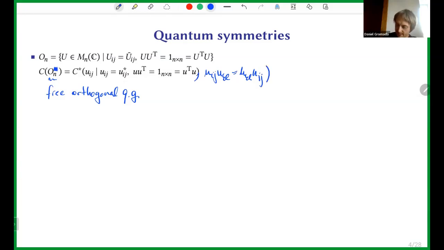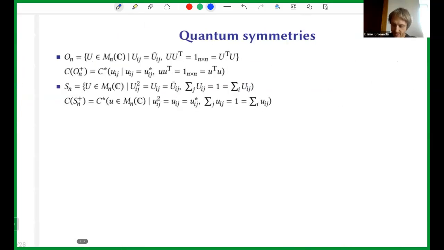And if you forget about commutativity, you get what is called a free orthogonal quantum group. So somehow the non-commutative version of that. Well, that's somehow the idea, and you can do this for all other groups you want.